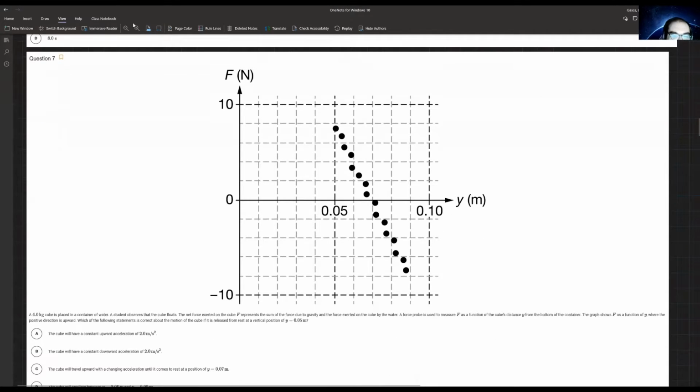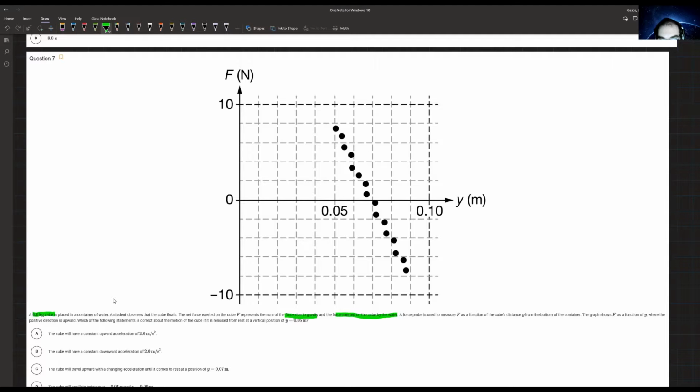So here's question 7. We are given a force versus a displacement or position graph, sorry, and it reads, a 4-kilogram cube is placed in a container of water. The student observes that the cube floats and the net force exerted on the cube represents the sum of the force due to gravity and the force exerted on the cube by the water.